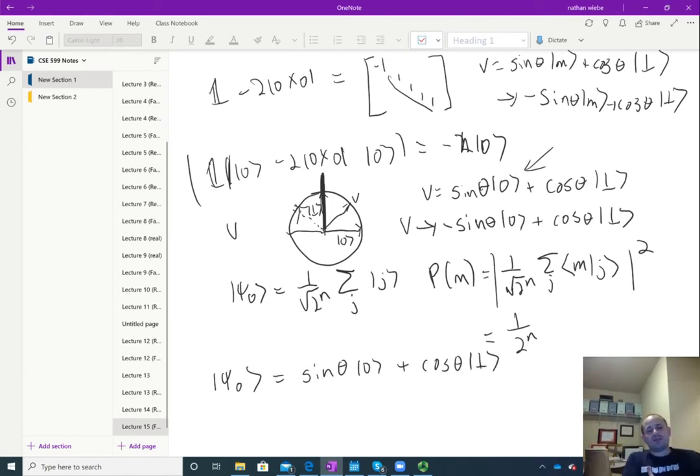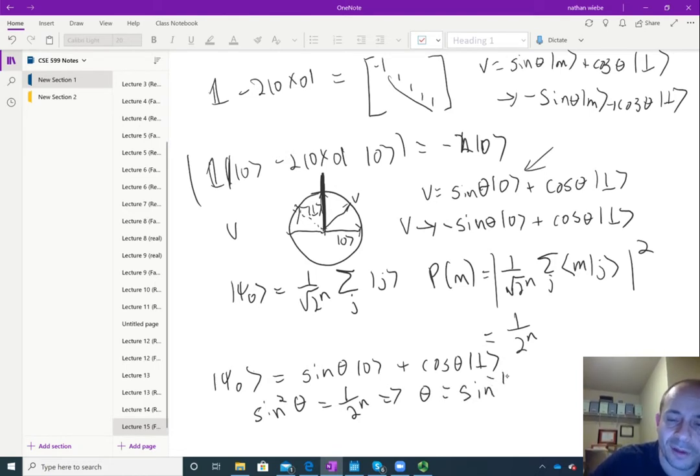Okay, well, that's not too surprising, but for the angle theta, because the probability is 1 over 2 to the n, this has to satisfy that sine squared theta is equal to 1 over 2 to the n. And this implies that theta has to be equal to the arc sine of 1 over square root 2 to the n. Okay, so this is the angle that we begin the algorithm with.